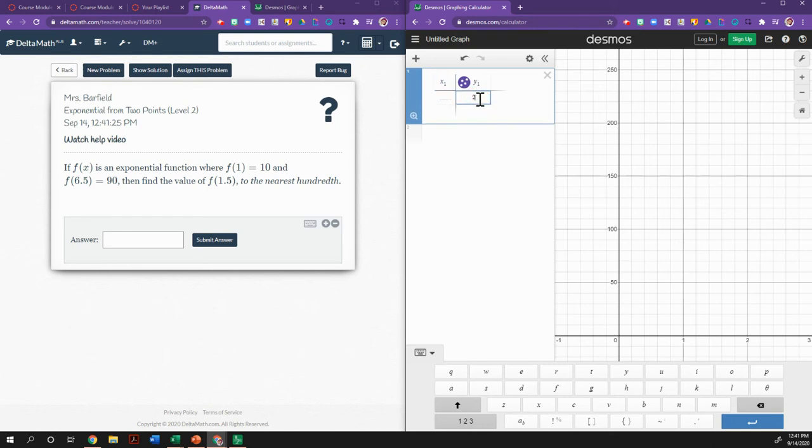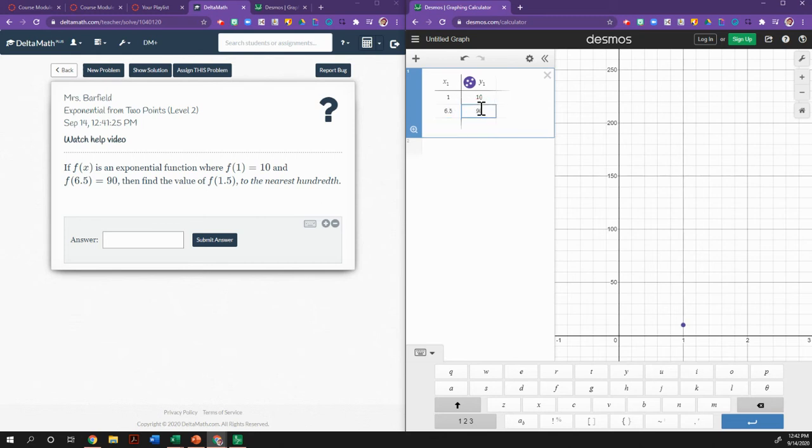Now, it may not look like it, but you have been given values. f of 1, they're telling us x equals 1, and when x equals 1, the function equals 10. So that's my y value, 10. And f of 6.5 equals 90.